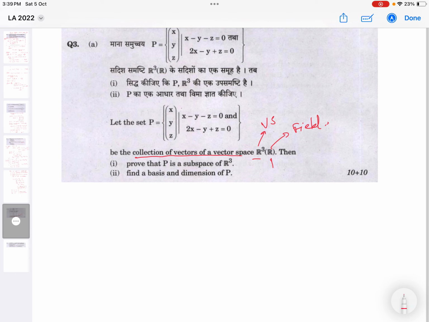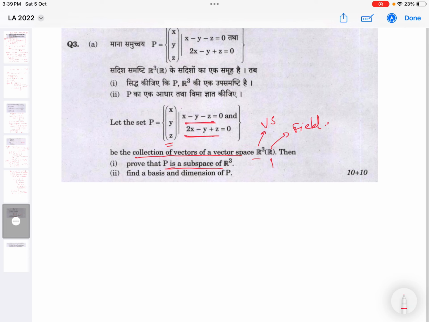So we have to say that P is a subspace. So if you look at this, P is nothing but kind of null space of this equation.